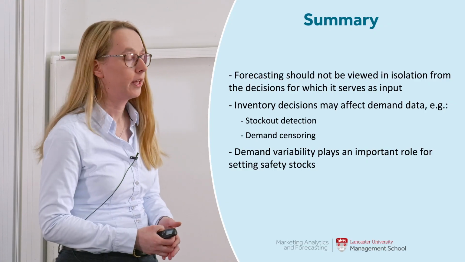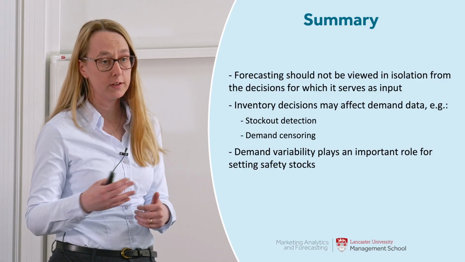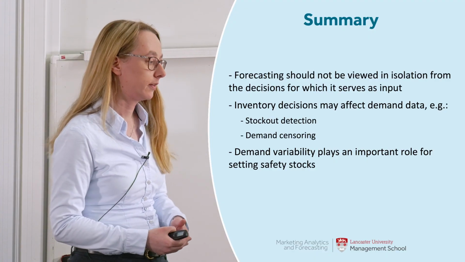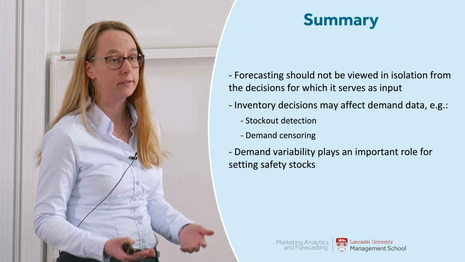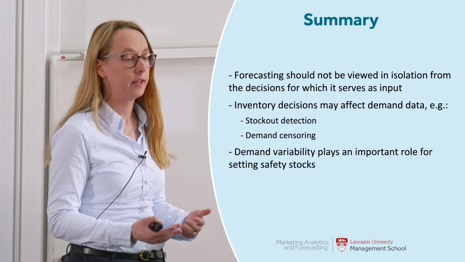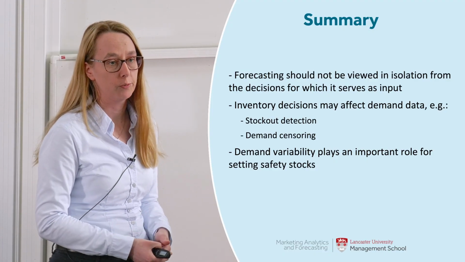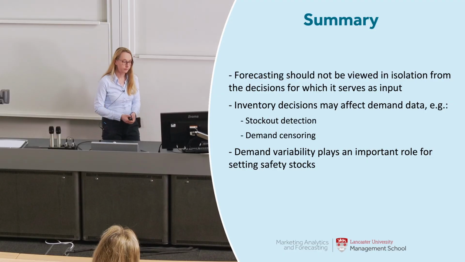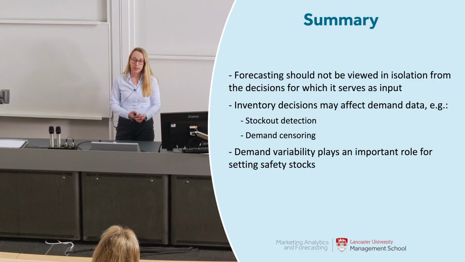So for example, if I didn't order enough in the past, then I might face stockouts now, and if I underestimated demand and didn't forecast the right amount, then in that case I'm more likely to observe a stock out later on, and this would result in demand censoring. Really importantly, demand variability is important for setting safety stocks and to make sure that I can capture the variability of the demand.